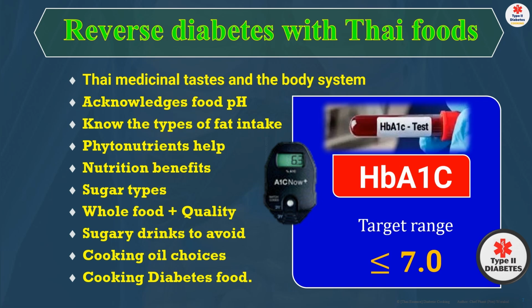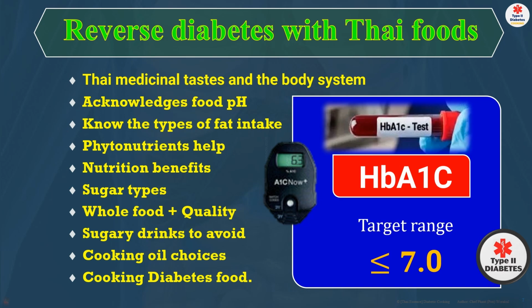The target is less than or equal to 7.0%. That's the goal, the optimum goal, less than or equal to 7, and that is what the diabetic schematic came up with, with all this knowledge.